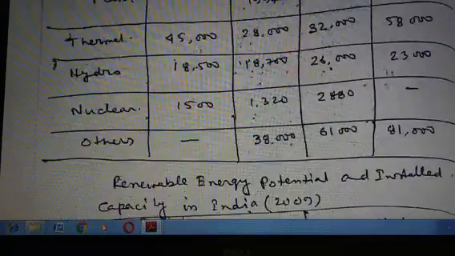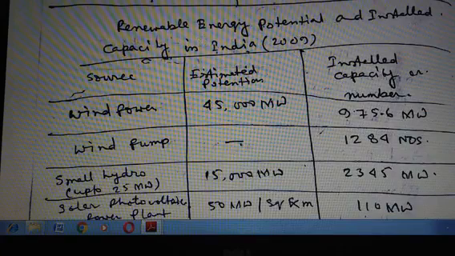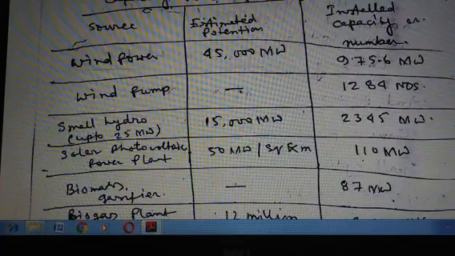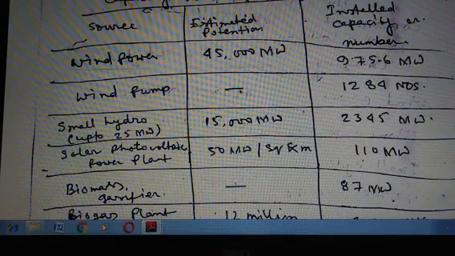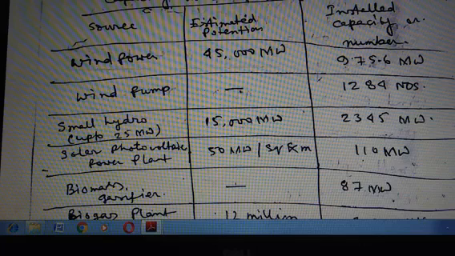Now these are the conventional sources of energy. Now the renewable energy source potential and installed capacity in India in 2009. In 2009 the estimated potential from wind power is 45,000 megawatt, and the installed capacity is 9,756 megawatt.